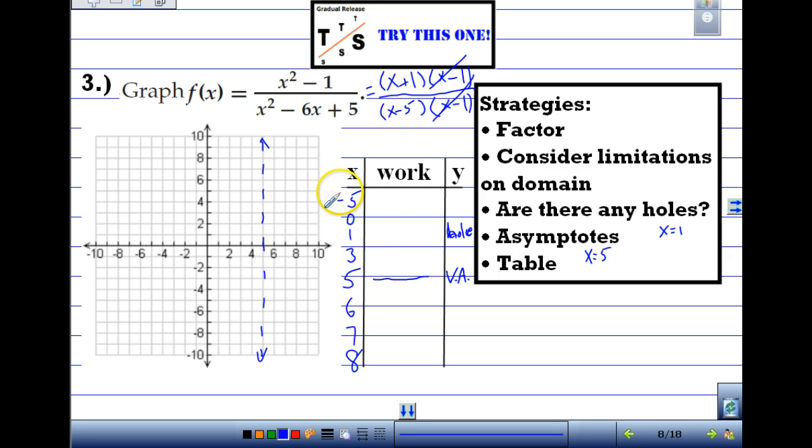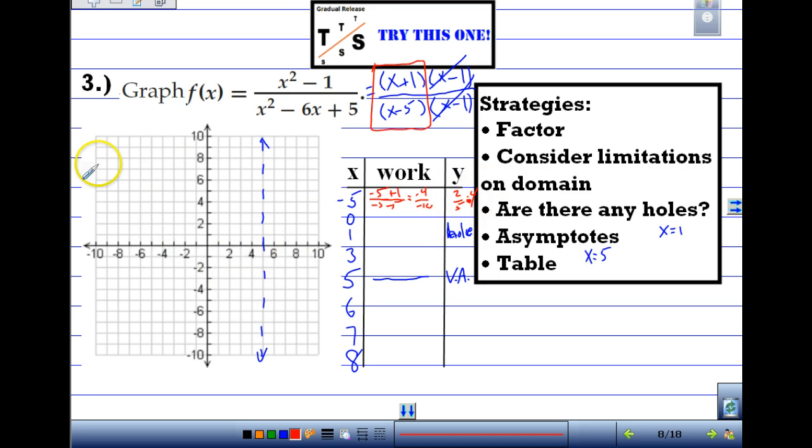Now you only need to plug these numbers into the simplified one. You don't have to plug it into the original. So like -5, we'll have to do -5 plus 1 over -5 minus 5, and we'll get -4 over -10, which is 2/5, which is 0.4.